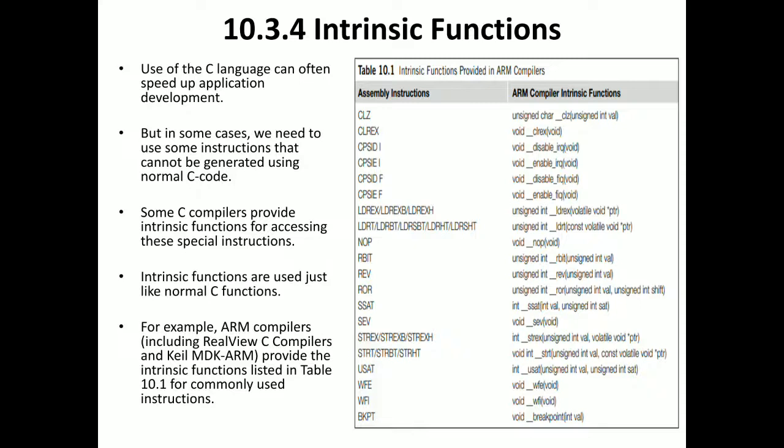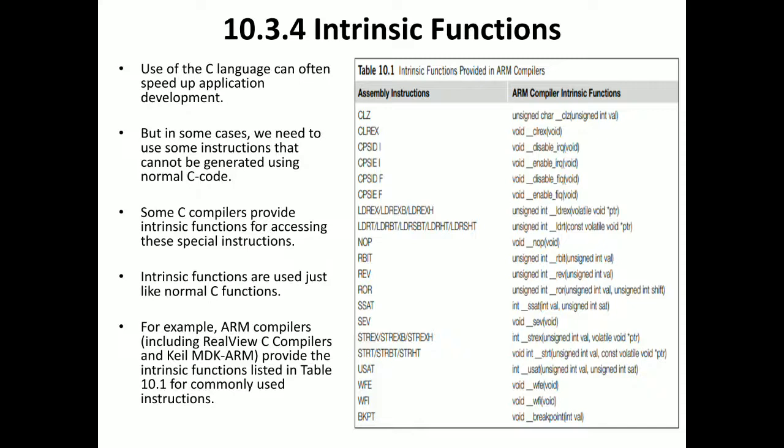Then intrinsic functions in C. Why intrinsic functions? Because whatever program we write in C using C syntax is a general purpose program. It may not contain target specific details, since different series of Cortex M3 boards exist. The C program may not contain all the terminal names and pin names.